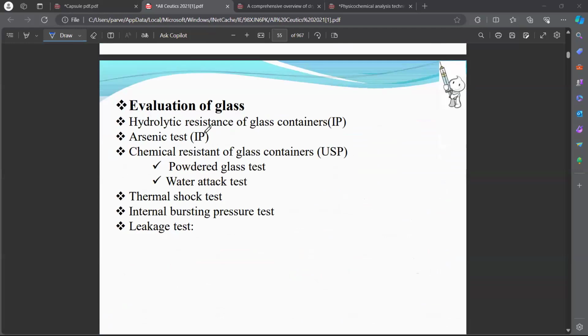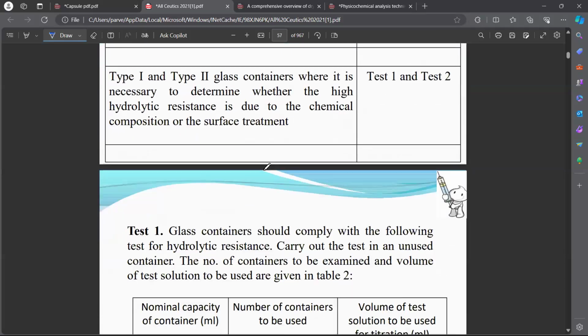For type 2, the water test, and for type 3, the broken glass test, which is also known as the powdered glass test. The other tests used for evaluation of glass are the leakage test, internal bursting pressure test, thermal shock test, chemical resistance test, arsenic test, and hydrolytic resistance test.